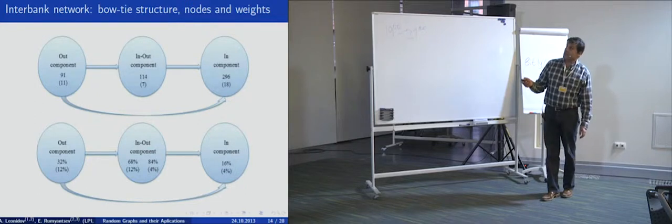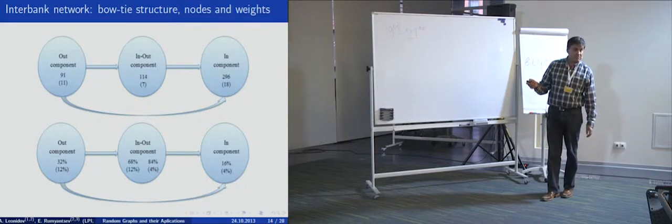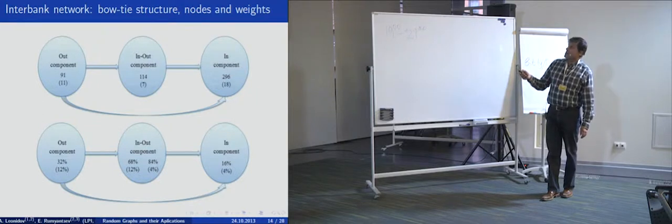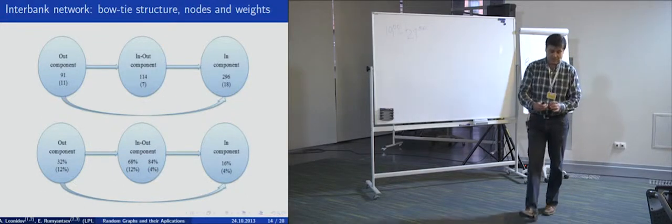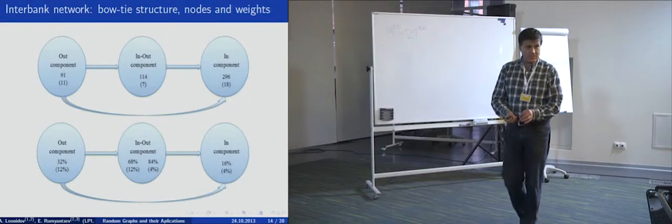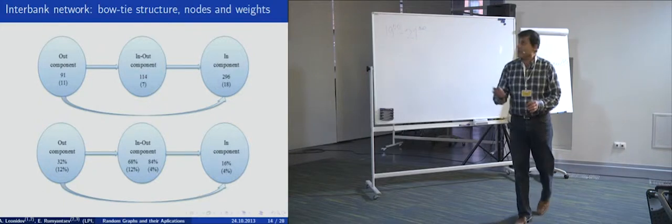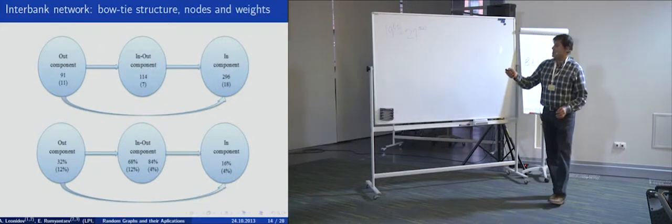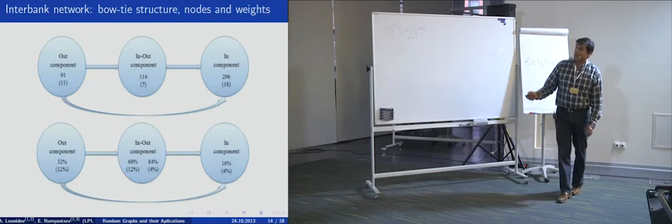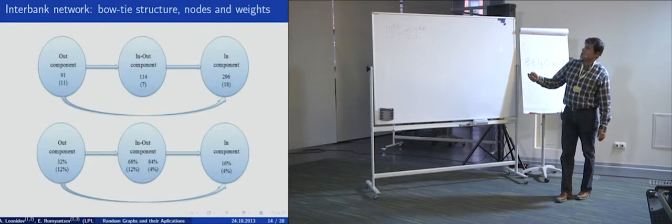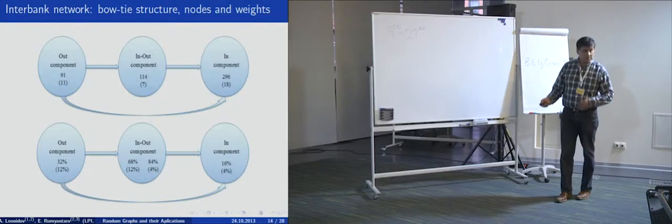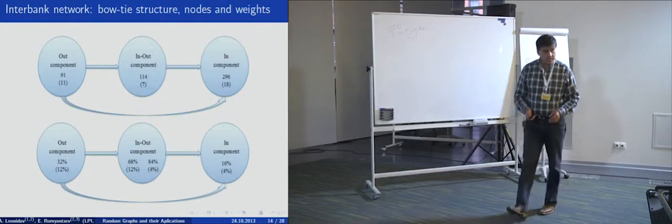So this component is relatively small. The in component is relatively big. The in-out is the component that joins the two, in the middle you have both types of links. And here are standard deviations. You see that this is quite a stable feature.